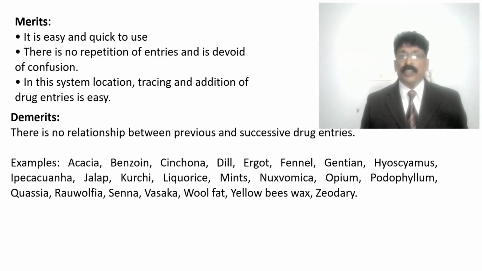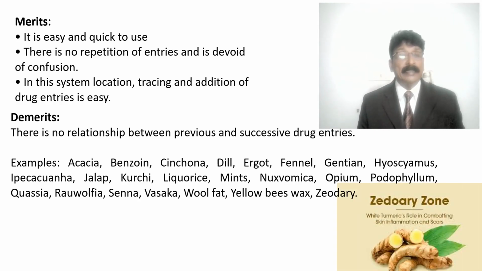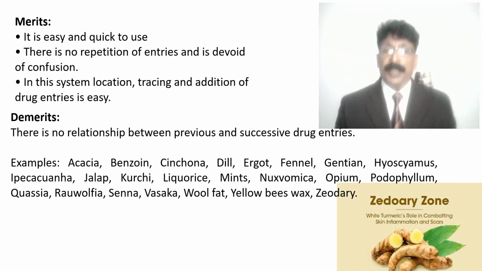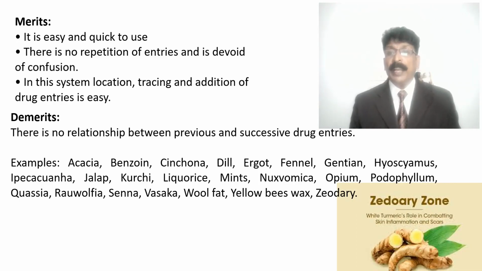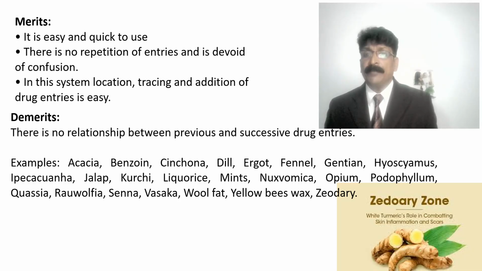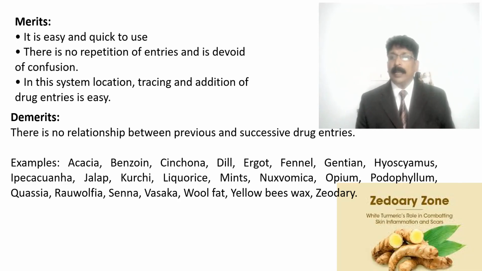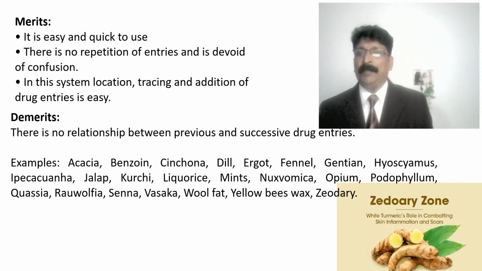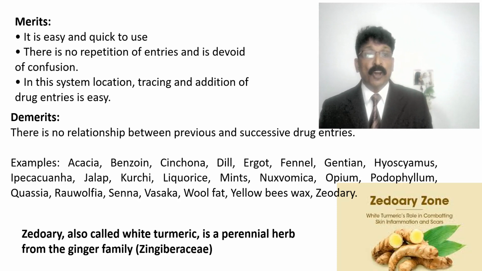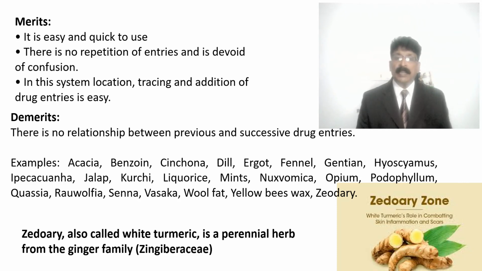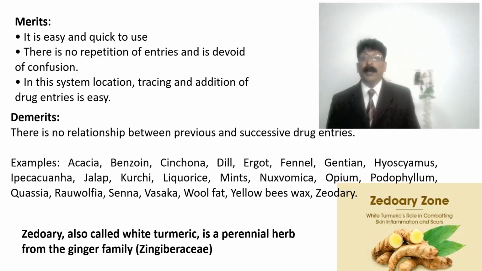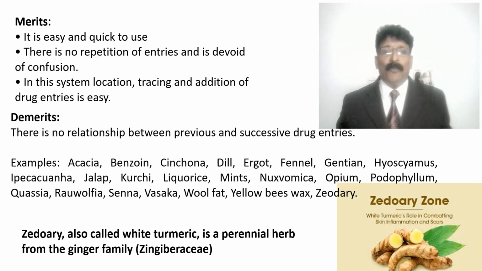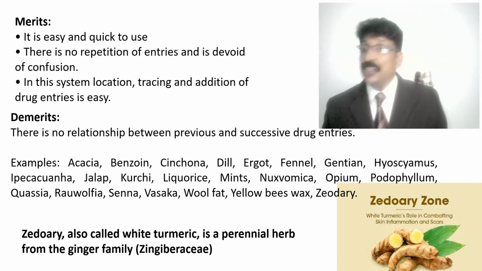So these all are examples which you should write in alphabetical order. Zedoary is also a turmeric actually. The white turmeric has a role in combating skin inflammation and scars. Zedoary is also white turmeric, a perennial herb from the ginger family, Zingiberaceae.